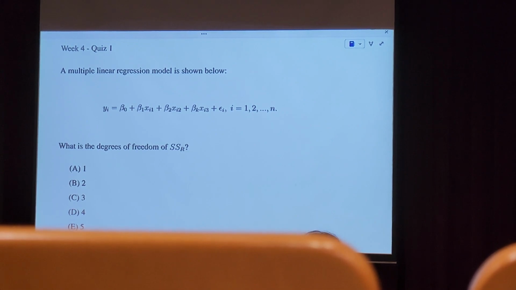Yeah, it's K. No, it says 4. This has 4. Yeah, it's not. It's not.